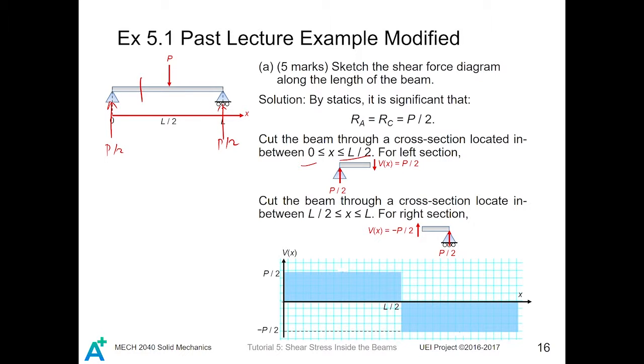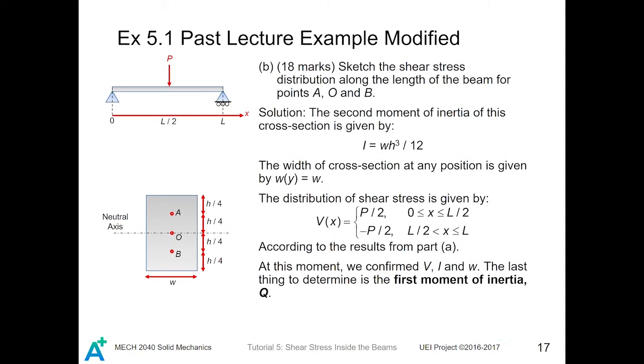So for the left section, Vx is P/2, and if we cut the beam on the right half like this, then the shear force inside the beam becomes minus P divided by 2. Then we can sketch the shear force diagram along the length of the beam like this. It is quite simple.